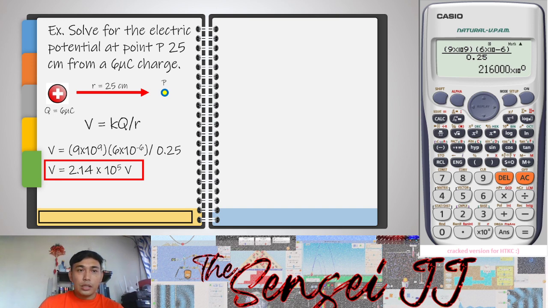Okay, so guys, please pakire-write naman ito. 2.16 times 10 raised to 5 volts. Okay, so 2.14 or 2.16, or simply 216,000 volts. Okay? So, yan.